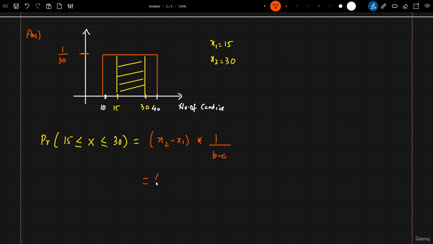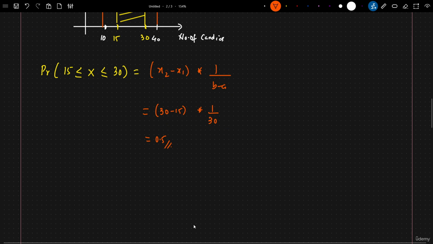So it is nothing but (30 minus 15) multiplied by 1 by 30. Here you will be able to see it is 0.5. So the probability of daily sales between 15 and 30 is somewhere around 0.5. And this is how we do the calculation over here.